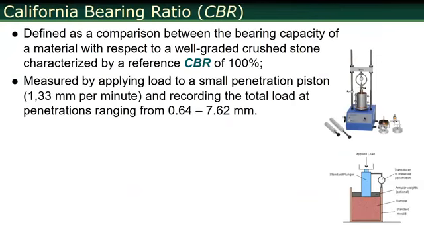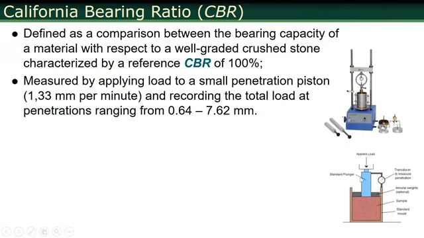Now, California bearing ratio is defined as the comparison between bearing capacity of a material with respect to a well-graded crushed stone characterized by a reference CBR of 100, so 100%. We have a mold of soil and a special load frame that looks like this.